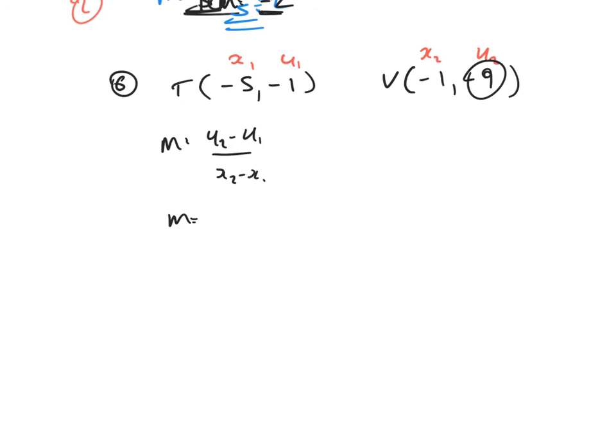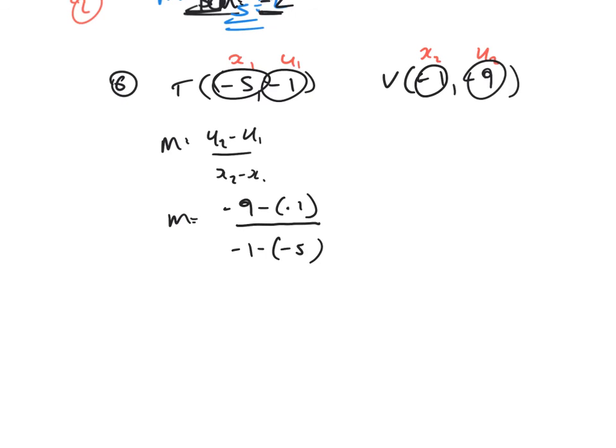Okay, y2 minus 9 minus y1 minus 1, over x2 minus 1 minus x1 minus 5. Two negatives become a plus. Okay, so minus 9 plus 1, minus 8, and minus 1 plus 5, that's 4. Minus 8 divided by 4, that's minus 2.